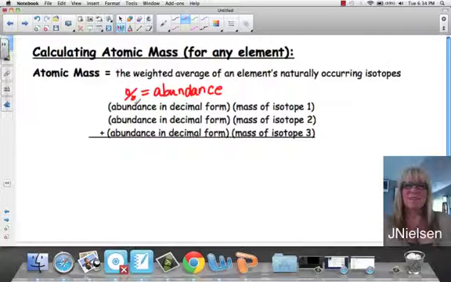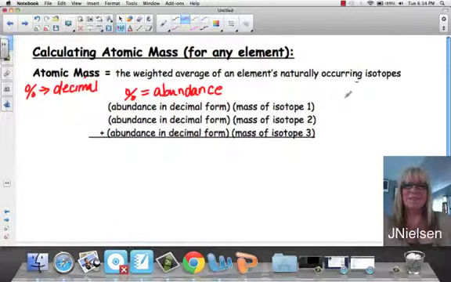Now, in order to go from percent to decimal, we have to know one of 2 things. We either have to divide by 100 to get it out of percent, or we have to move the decimal place 2 places to the left. Those are your 2 choices.